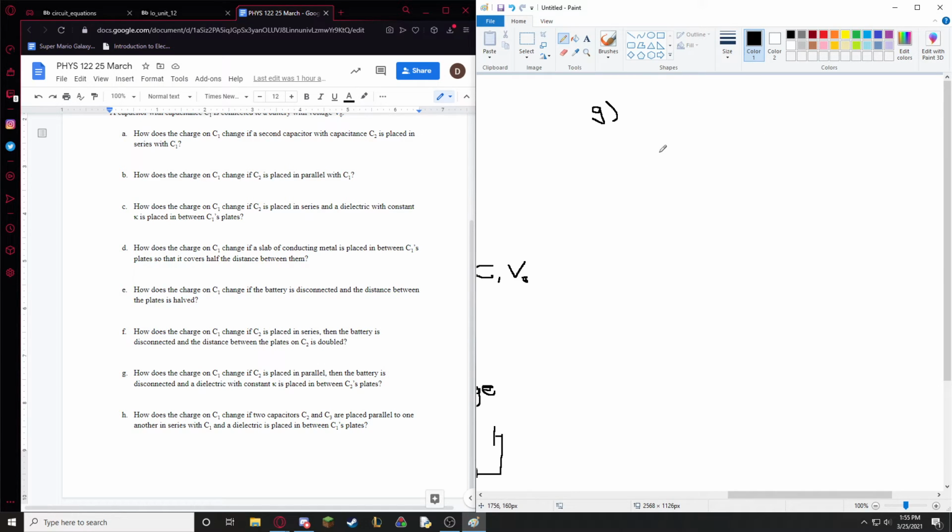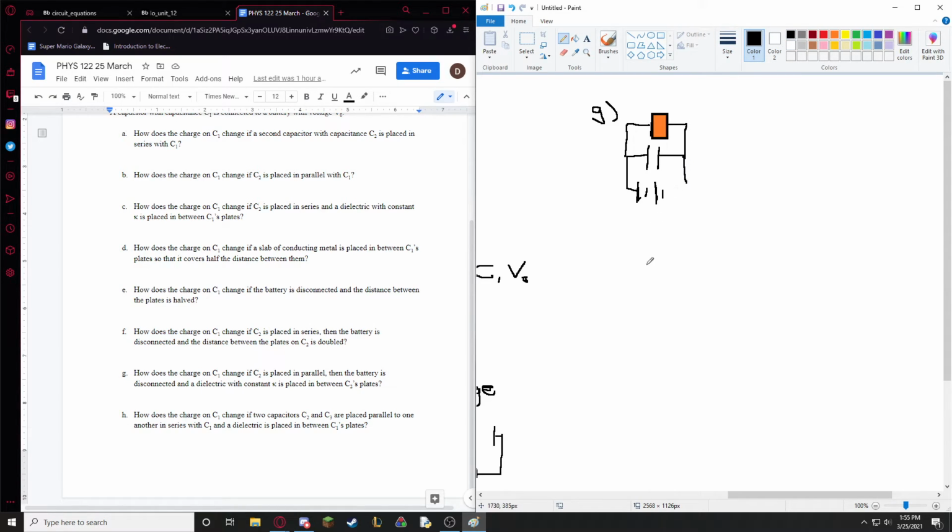So essentially we have our battery down here. We have C1, then we have C2 up here with our dielectric in between C2's plates.